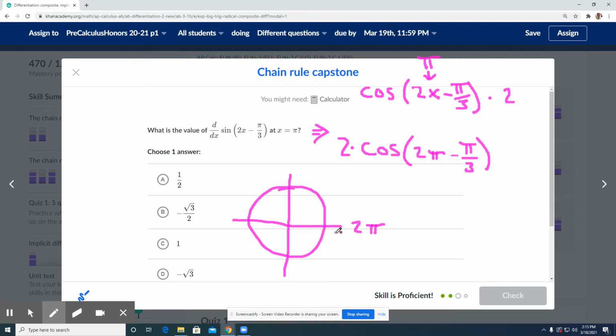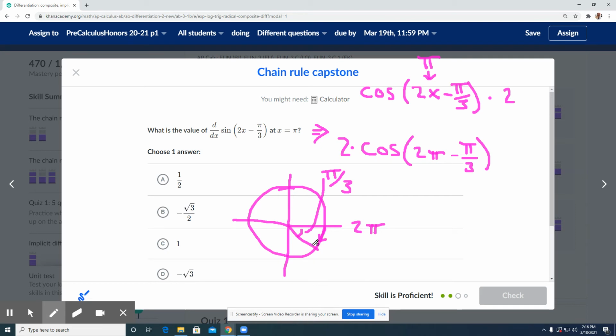So minus pi over 3 means I'm going the other direction. Usually we would go counterclockwise. This reverses it, so I'd go clockwise. So I'm going to go this way, pi over 3. All right, so that would be a pi over 3 right there. And we're in quadrant 4.